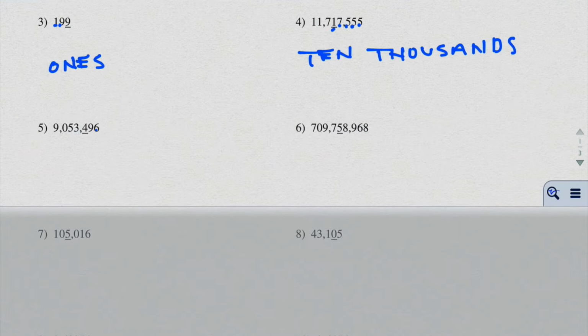This 6 is in the ones place, this 9 is in the tens place, and this 4 is in the hundreds place. Number 6. This 8 is in the ones place, this 6 is in the tens place, this 9 is in the hundreds place, this 8 is in the thousands place, and this 5 is in the 10,000s place.